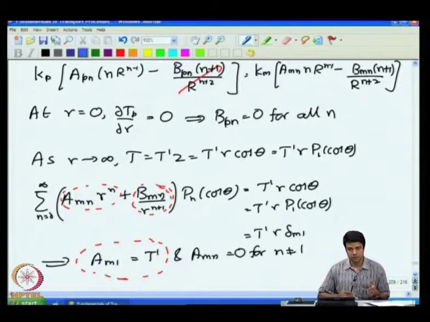We know that it has to have 1-0 symmetry. So, it has to have the form a1 times r power plus 1 plus b1 divided by r square, times Y10 of theta and phi.